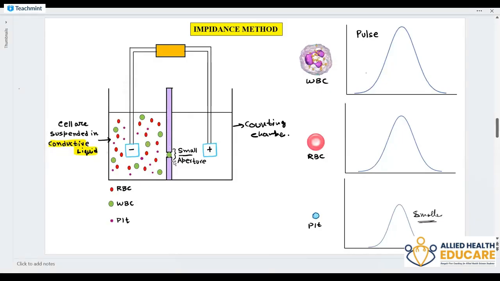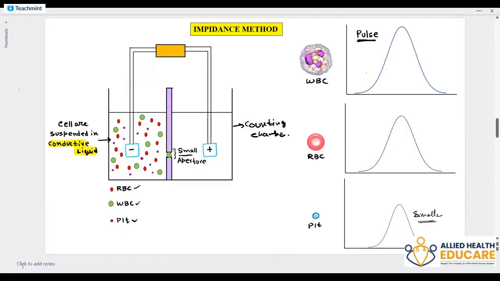The system provided in the machine converts the resistance into a pulse, and this is the pulse. Every cell passing through the small aperture generates a pulse, so each pulse represents one cell count. I am showing you three types of cell. The red one is RBC, the green one is WBC, and the violet one is platelet.